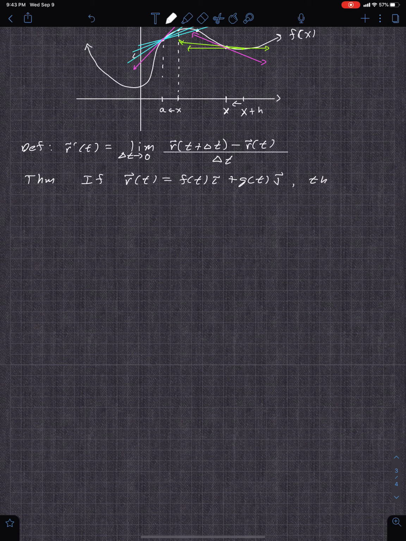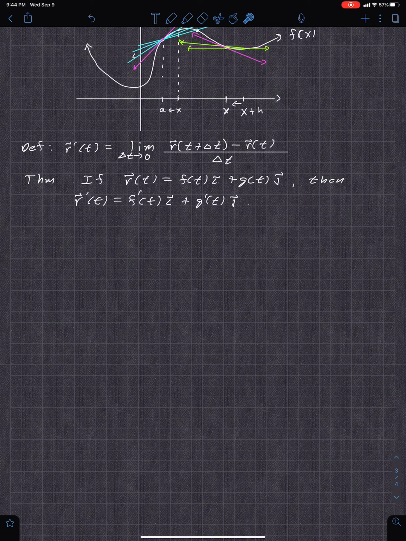Then r prime of t is just equal to f prime of t i plus g prime of t j. So you can't make the assumption based off the definition that you just take the derivatives of those two. You'd have to prove that. And we're going to. So we're going to see that little proof.